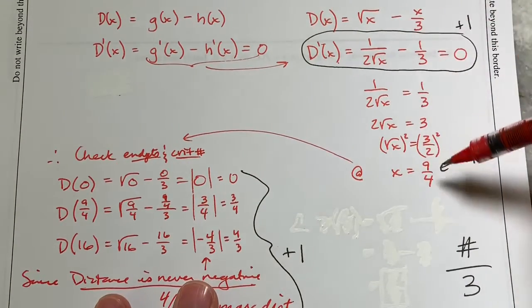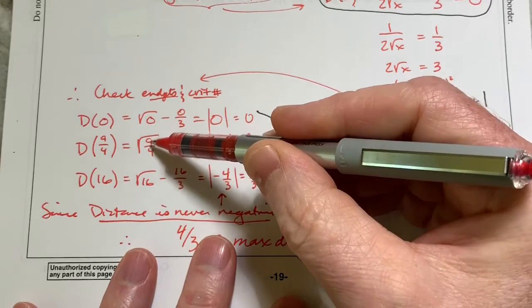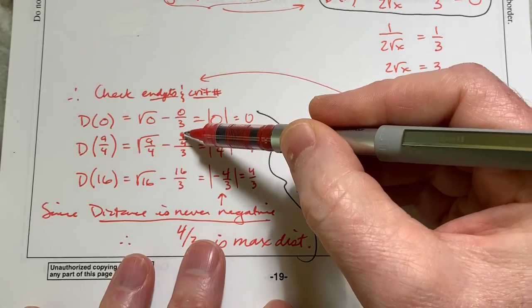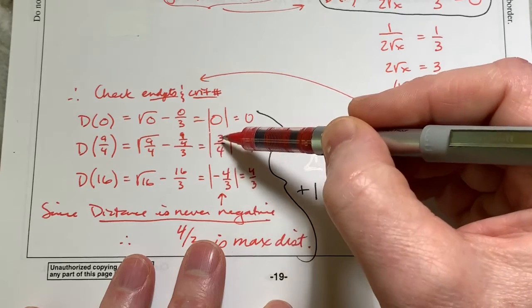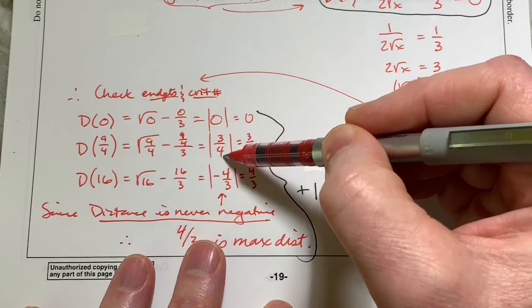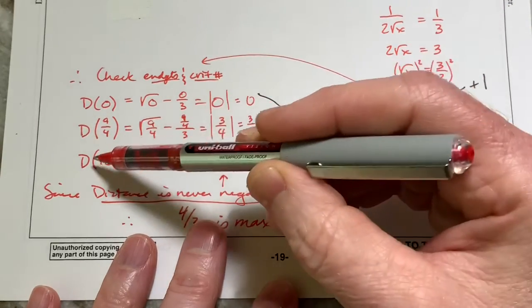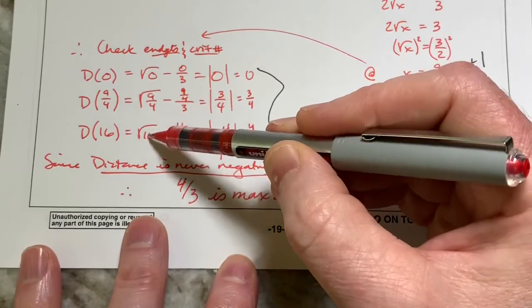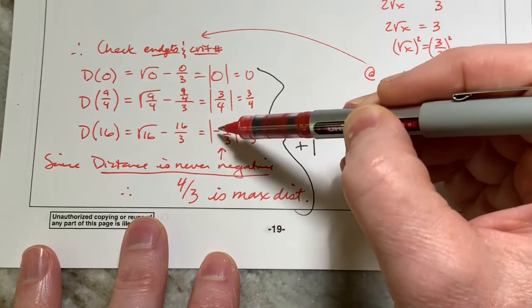I'm going to plug a 9/4 in there, and I get 3/2 minus, to divide by a 3, I multiply by a 1/3, and I get 9/12, which is 3/4, so 3/2 minus 3/4, which is 3/4. Okay, and then I need to find the distance there, and I plug a 16 in there, and I get 4 minus 5 1/3, which is -4/3.